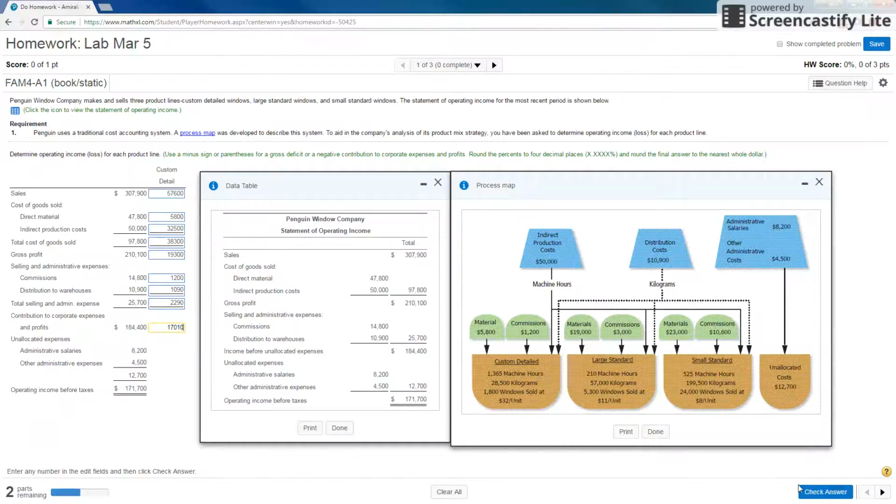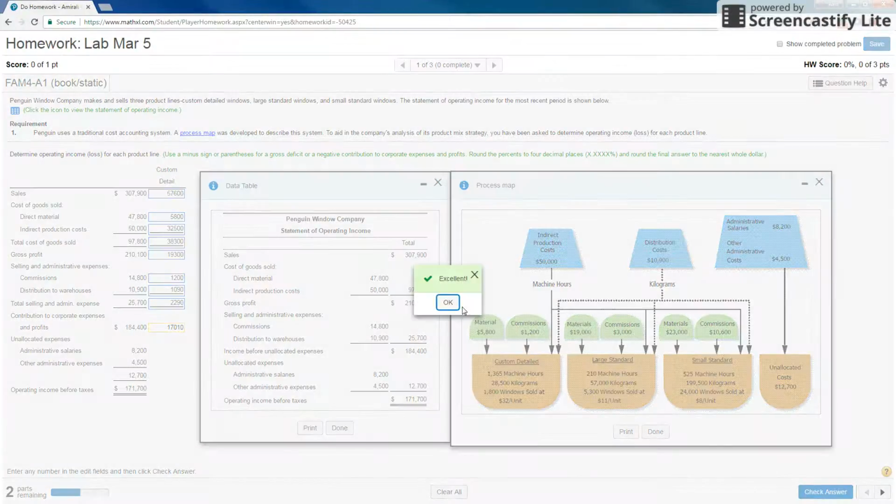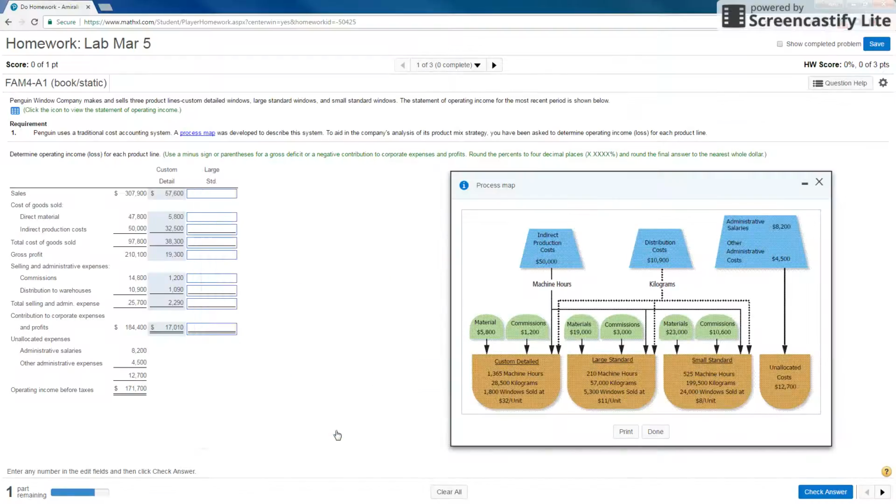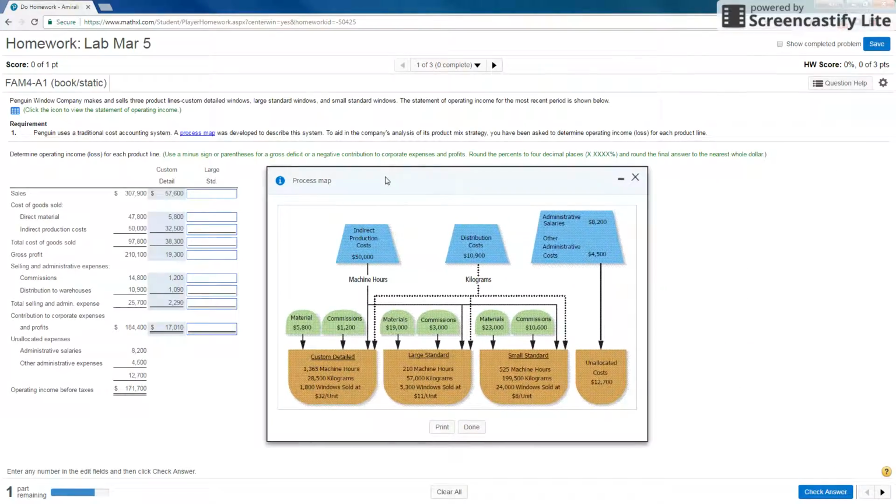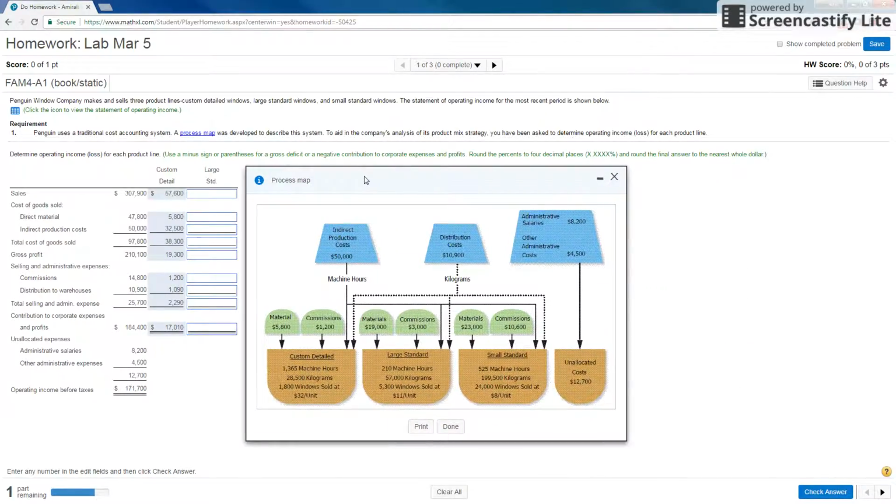And let's see if it's right. Yep, so we got the first one right. I strongly suggest you calculate the second one on your own and then listen to how I solve it. If you want to do that, pause the video, solve the question, and come back and see if your numbers are right.